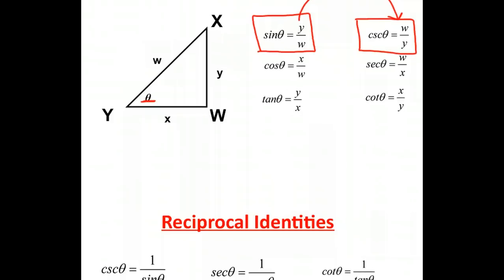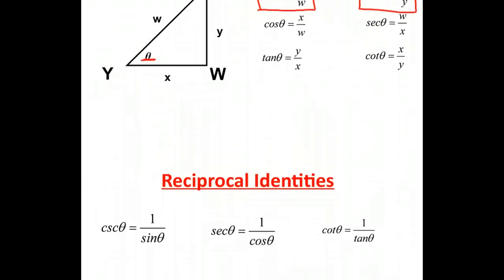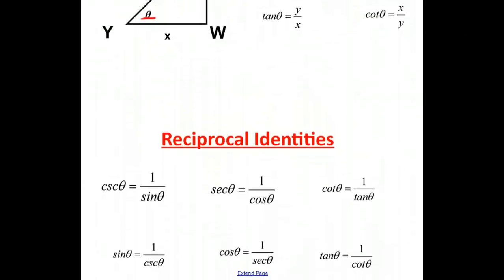That leads us to the formal definition of the reciprocal identities. Since we know that we can get the cosecant ratio by reciprocating sine, we know that we can define the cosecant of theta as 1 over the sine function, or as the reciprocal of the sine function.